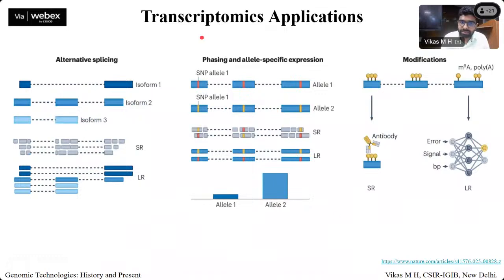So what are the applications of transcriptomics? The first one is gene expression, like I mentioned. The other thing is alternative splicing. Alternative splicing is where a single gene is transcribed into different products because of the modifications it goes through during transcription and during post-transcription processes.